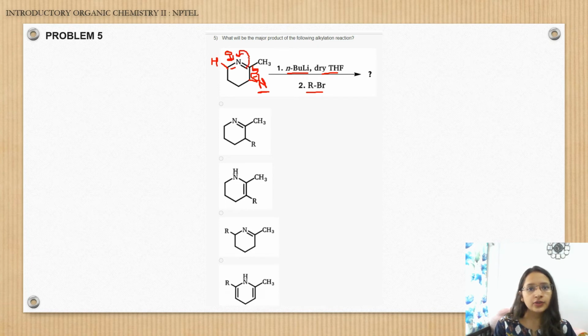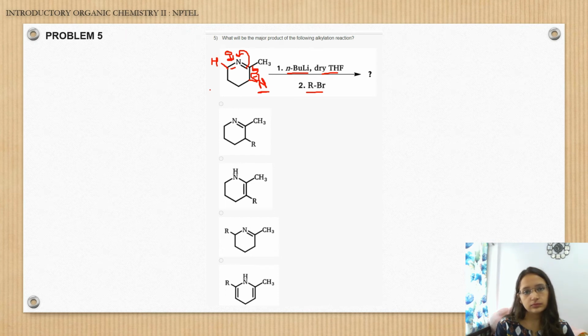So there is delocalization present when you abstract the proton from this position. So which is favorable? The delocalized stable carbanion which is forming here, or this particular anion from the left hand side? So which is more stable? Any guesses?